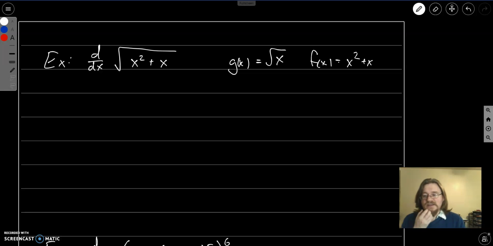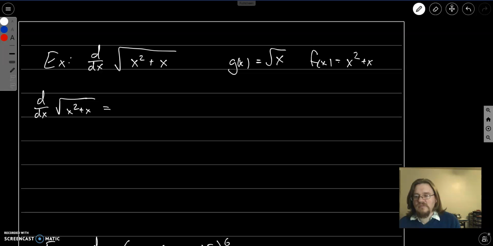So I can take the derivative of this guy by using my chain rule. This here is just g composed with f. If I plug f into g, I get this. So to do this, let's take a couple of derivatives. What is the derivative of g of x?